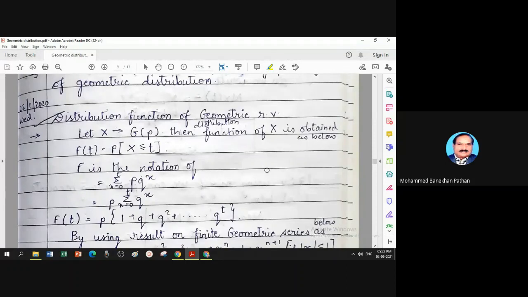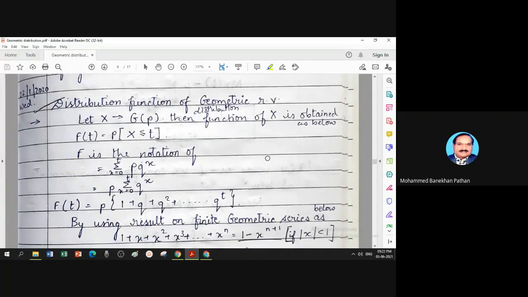Today, we will see the rest of the geometric distribution. Distribution function of a geometric random variable. Let capital X follow geometric with parameter P, then the distribution function of capital X is obtained as below.